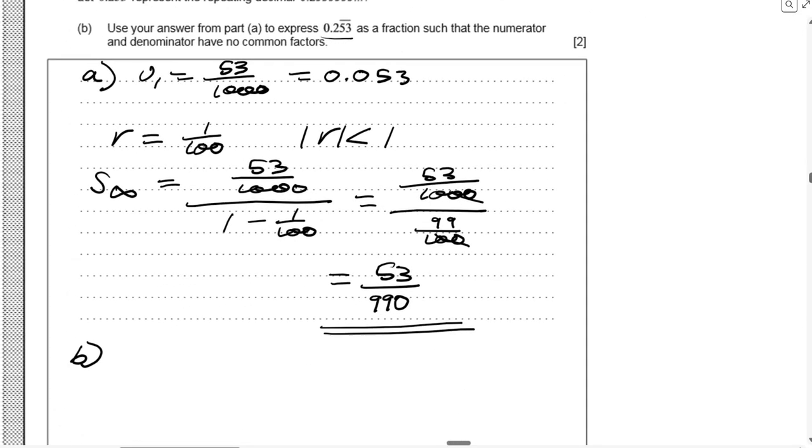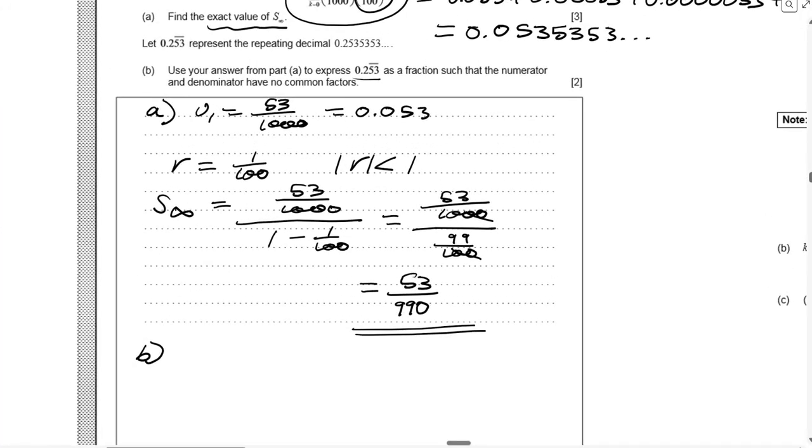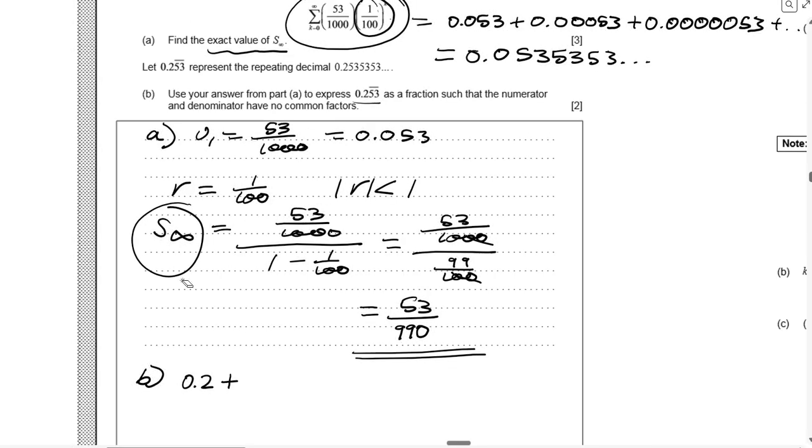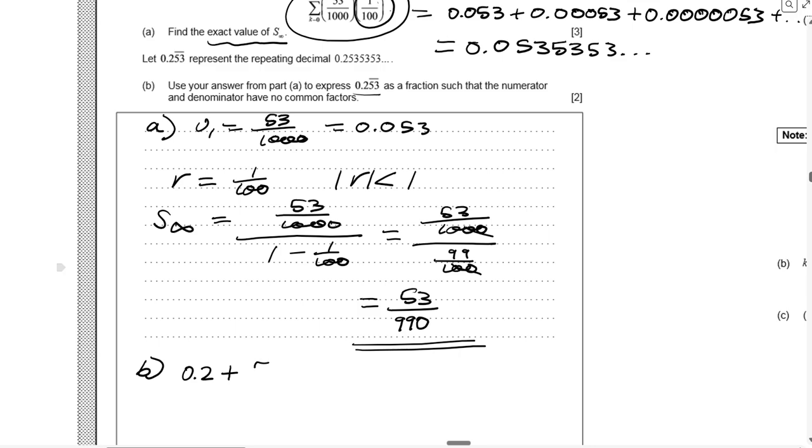So what we need to do now is use what we've just learned. So we have 0.2 plus this series that sums to 53 over 990.